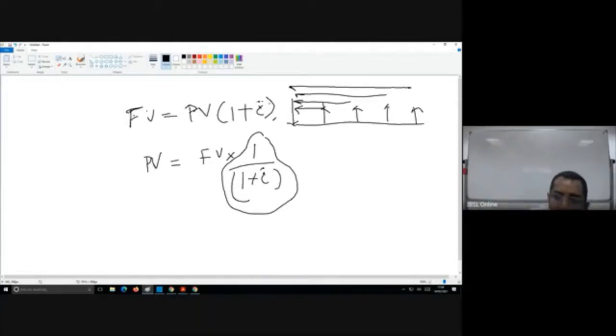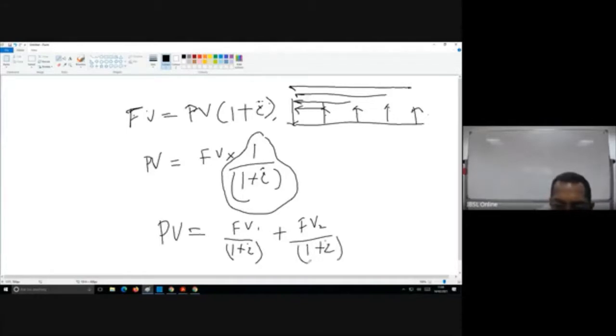So since you have several of these things, we can write like this. Present value equals future value 1 divided by 1 plus I. The second value, future value 2 divided by 1 plus I to the power 2. Future value 3 divided by 1 plus I to the power 3.